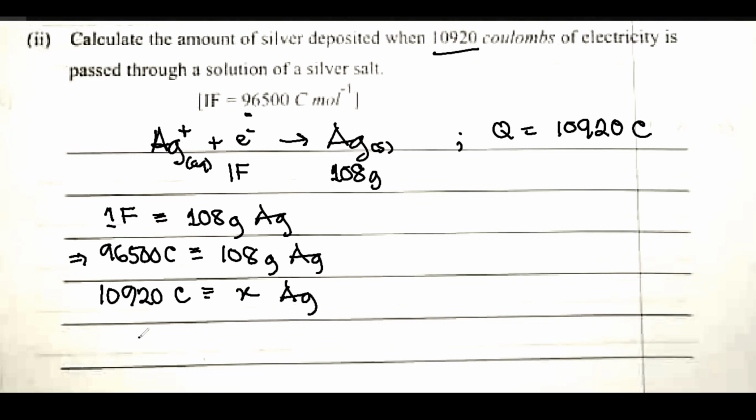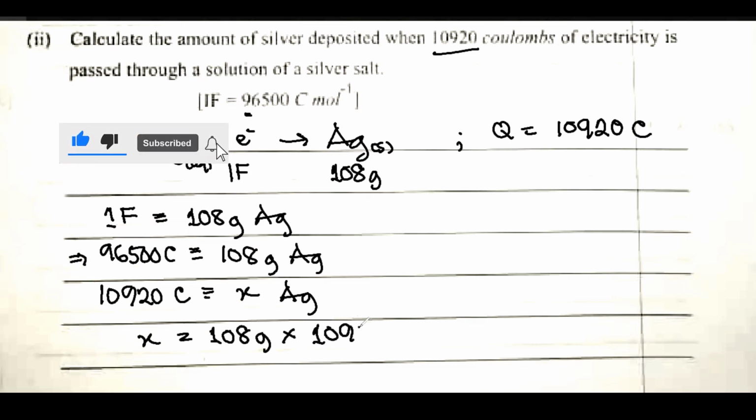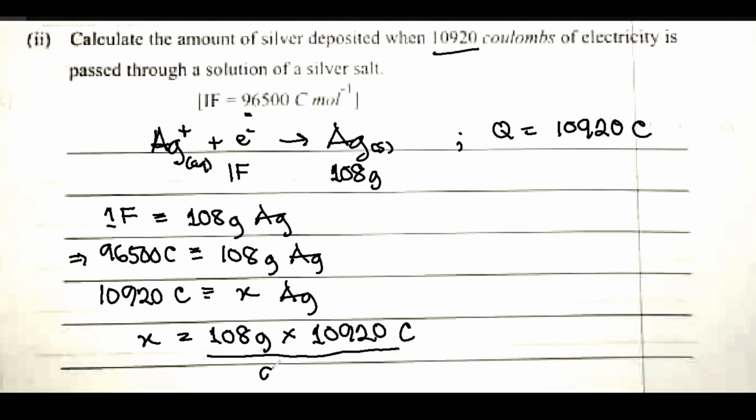If we solve for our x here, this would be 108 grams times 1920 coulombs all over 96,500 coulombs. So let's cancel out this. Now we have 108 times 1920 divided by 96,500. So this gives us 2.149 grams of silver.